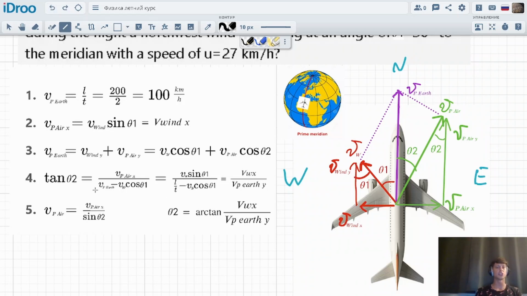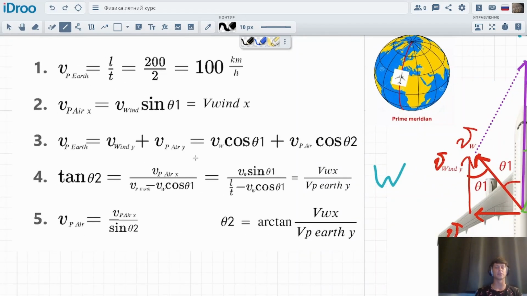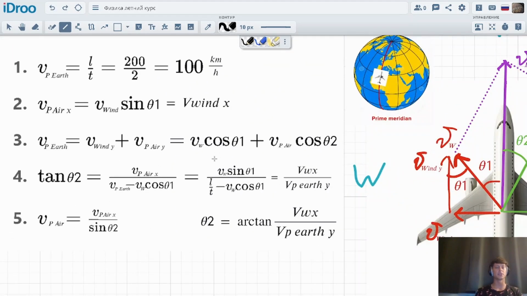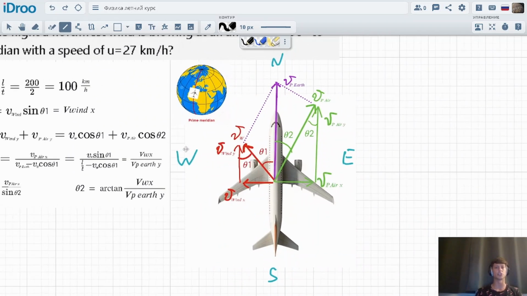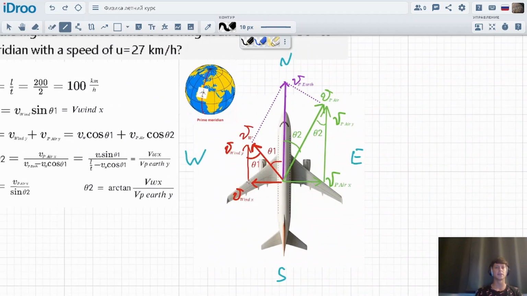And then we can rewrite these velocities as the velocity of the wind times cosine of θ1 and the velocity of the plane relative to air times cosine θ2. By the same logic, in these triangles these vectors are adjacent, so we multiply the hypotenuse by cosine of the angle to get the adjacent leg.